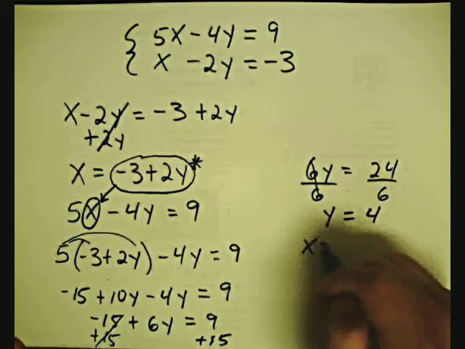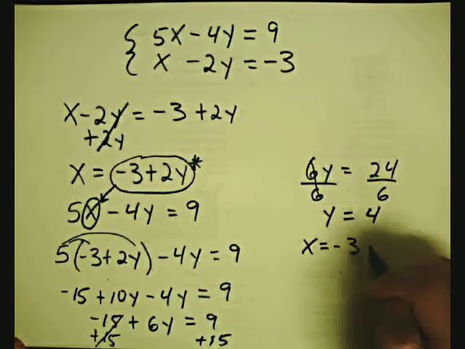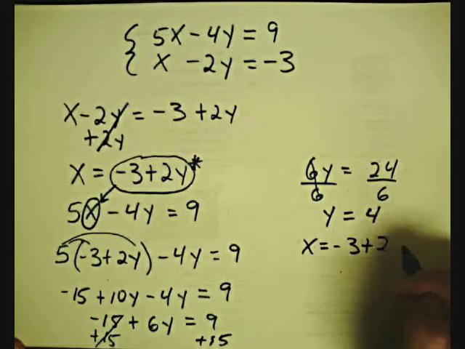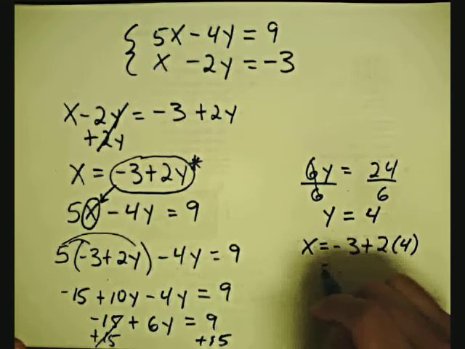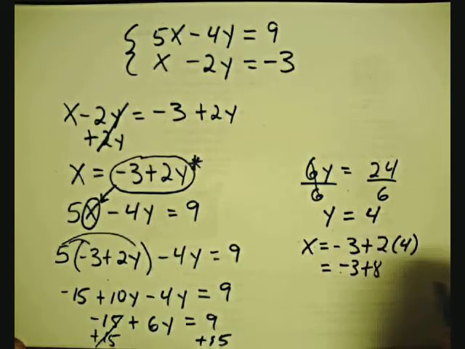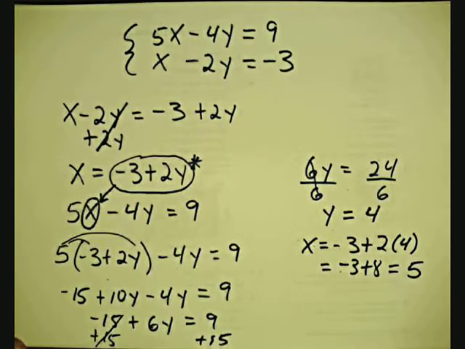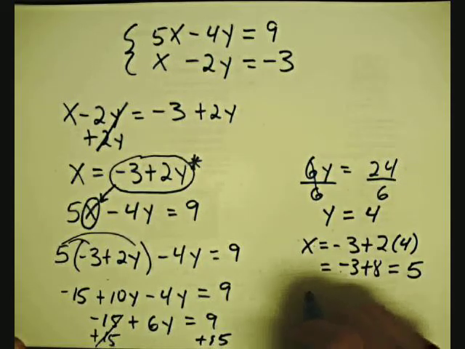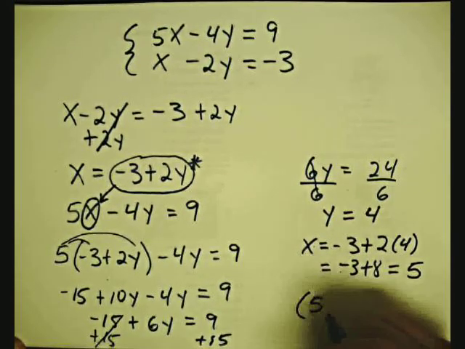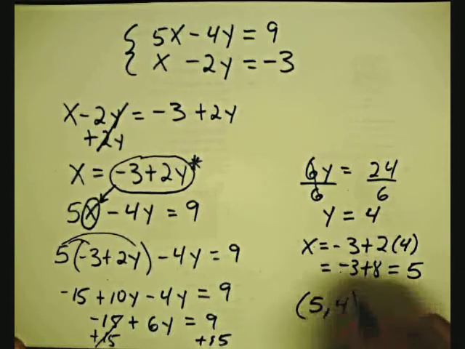So x will equal -3 plus 2 times 4, and that's -3 plus 8, which is 5. We want to write our solution as an ordered pair, x comma y, and so our solution is x is 5, y is 4.